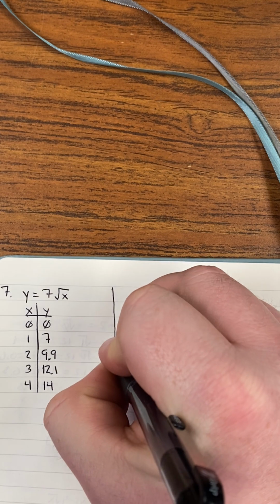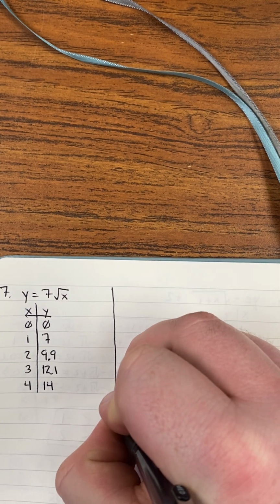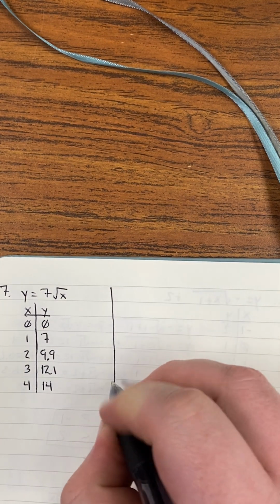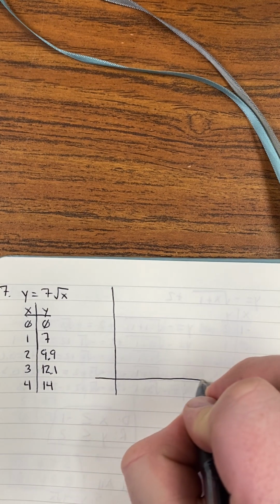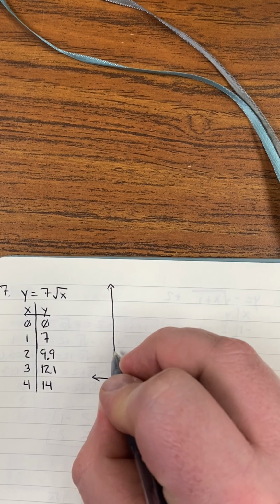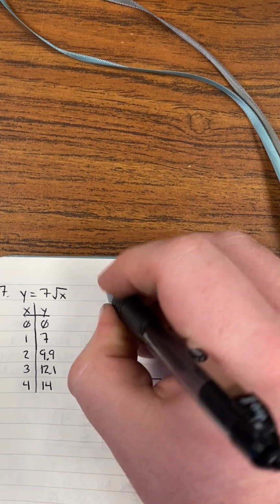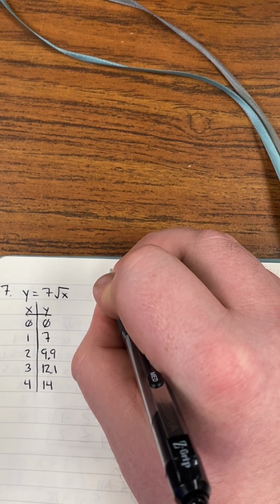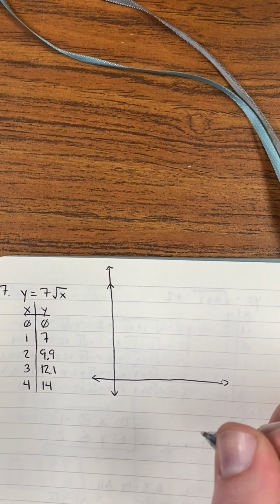We need lots of room in the positive. Don't need any room in the negative. Okay. 1, 2, 3, 4, 5, 6. Ooh, and you go up a little bit more. 7.